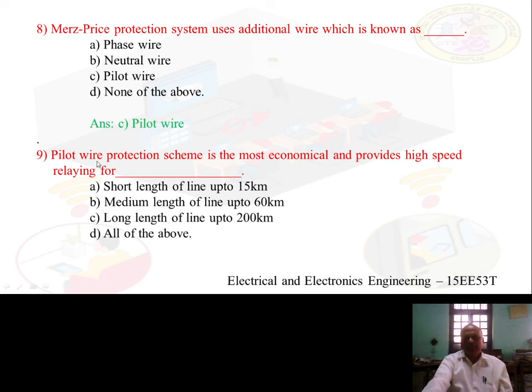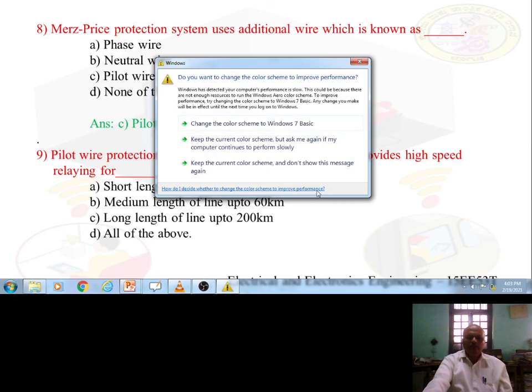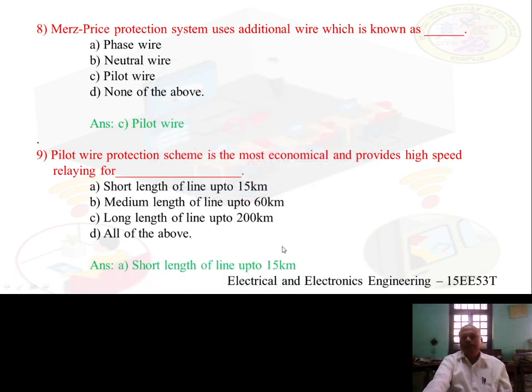In this system we have to use an additional wire that is called pilot wire. Therefore your answer is A. Short length of line up to 15 kilometer.